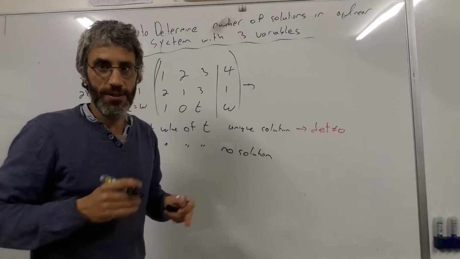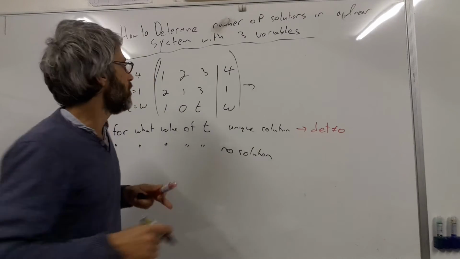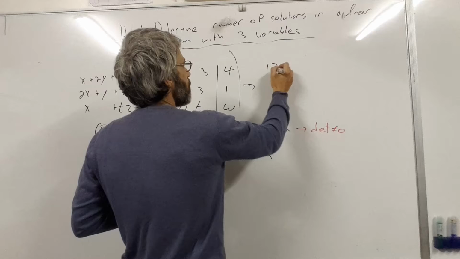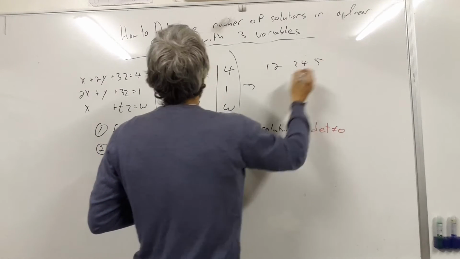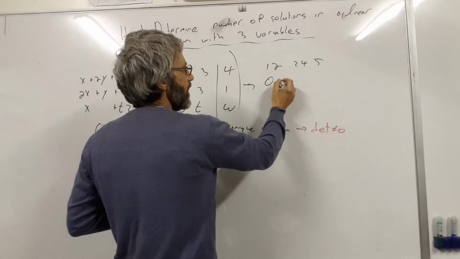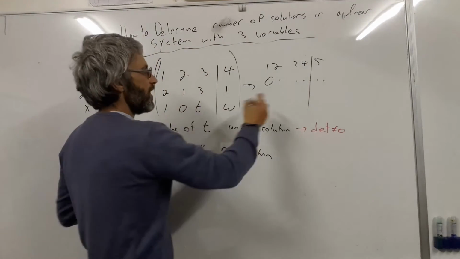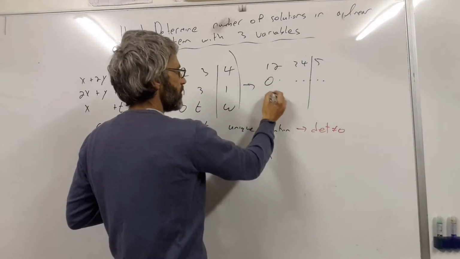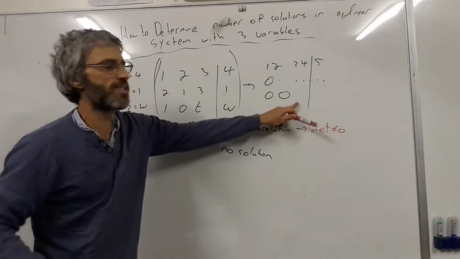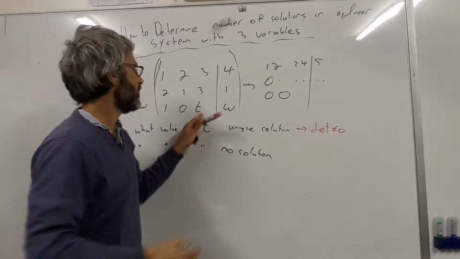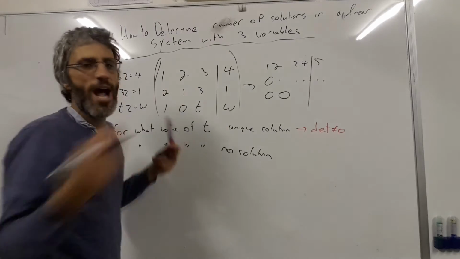Again, I'm not going to do it here because that would take too long. The first row will be the same. The second row will have a 0 and a bunch of other numbers. Then the last row will have 0, 0, and something with t. So you did the row operations, and I don't know what you get.